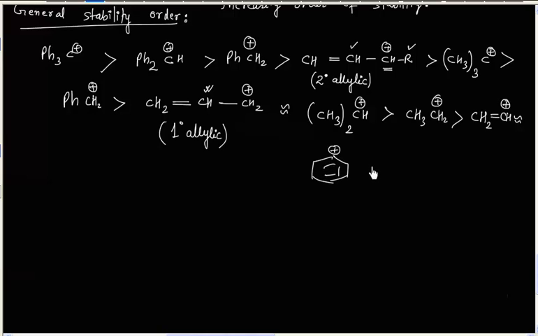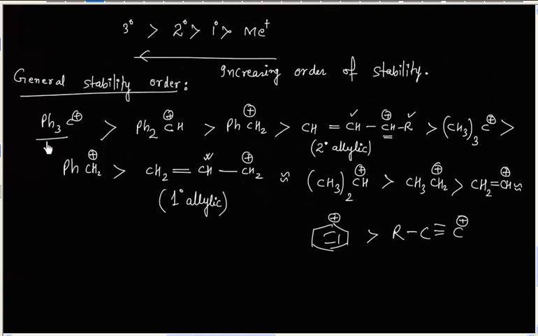And acetylic carbocation is least stable. Now you can remember this. This is easy to remember. Here we have 3 benzene ring, 2 benzene ring, 1 benzene ring. More the number of benzene ring, more the stability.